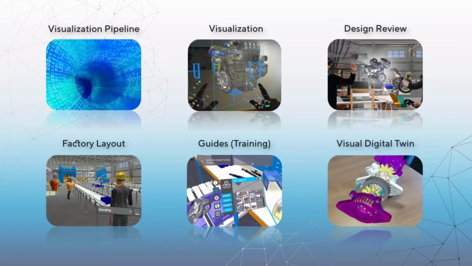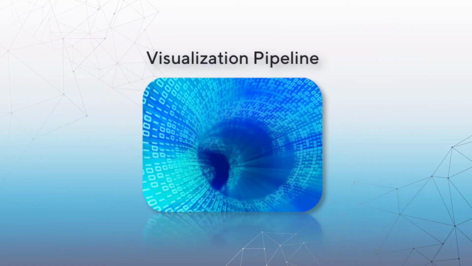When people visit the Theorem website, they'll start to see terms such as pipeline or design review or factory layout or guides. Just going back to pipeline, where do you see the benefit of the Theorem pipeline when you're talking to companies? Well, I think everyone's really on an exploratory session at the moment, understanding where VR, MR, AR can give you the best ROI in your business.